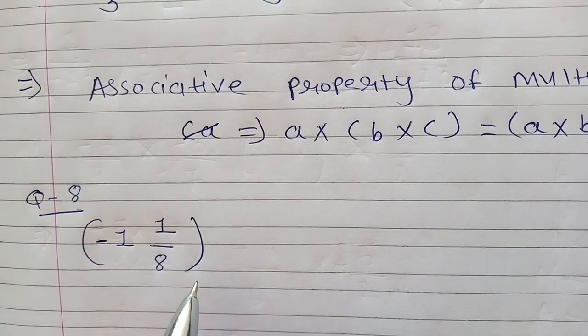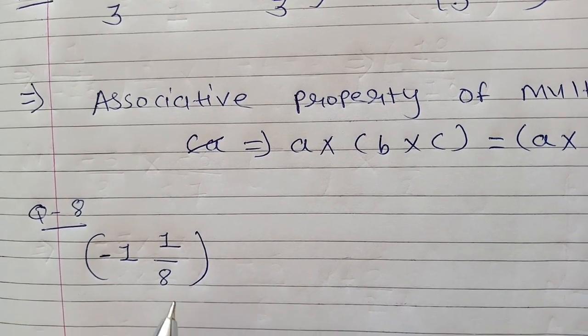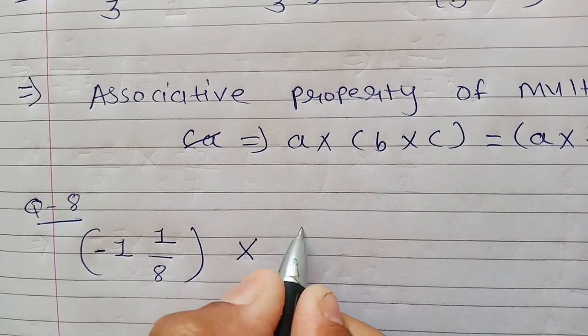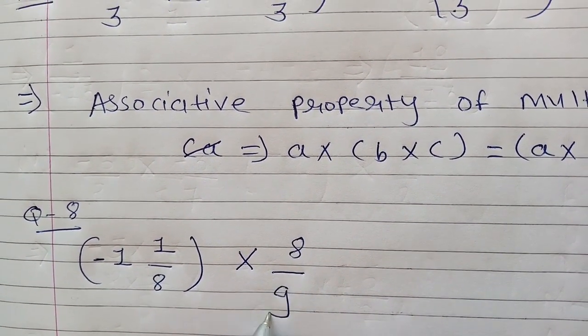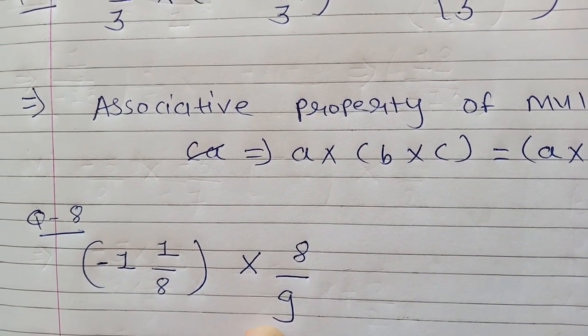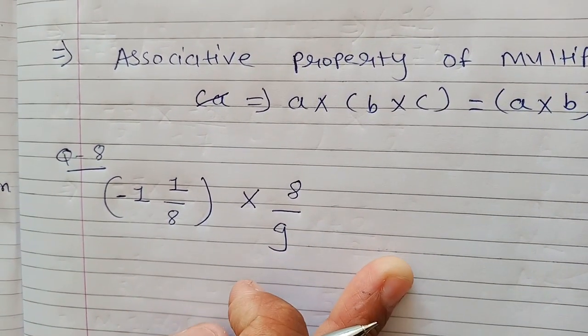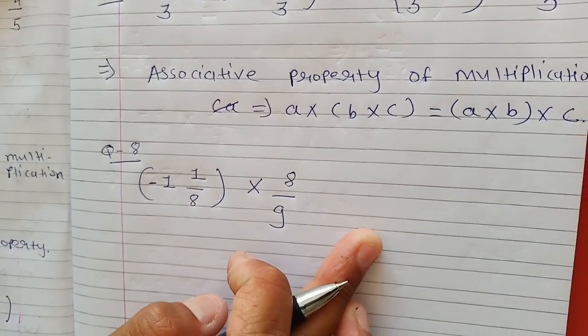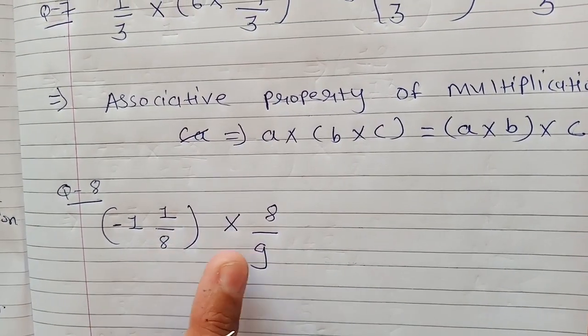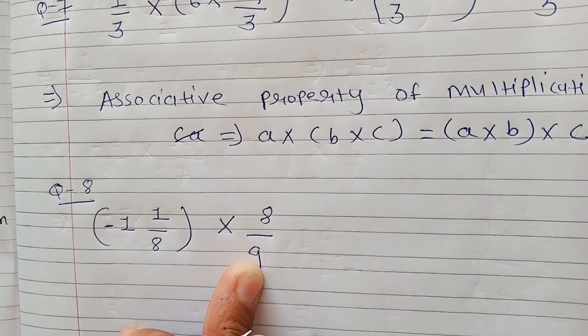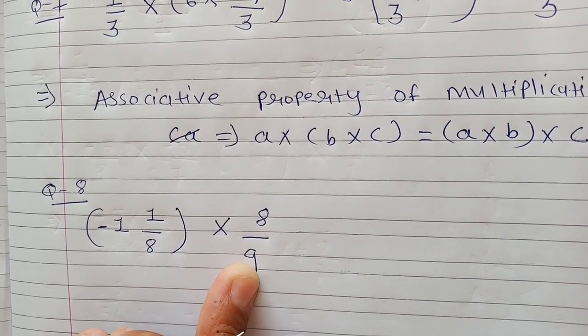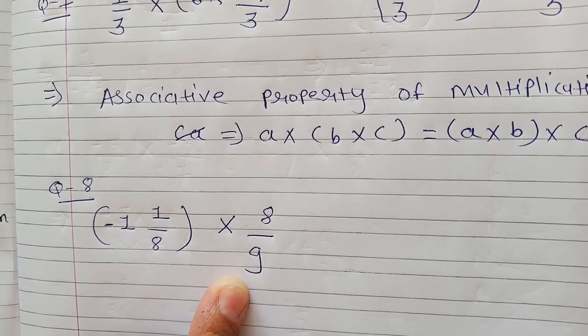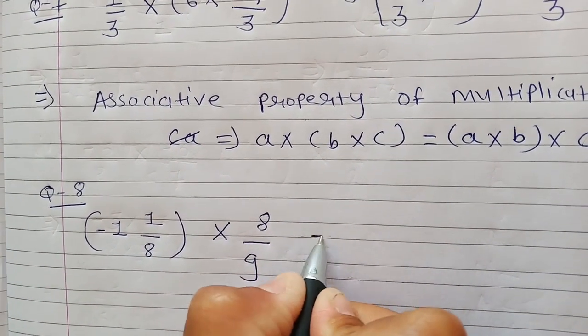Now we know that multiplicative inverse means we multiply both numbers, and if after simplification our answer is 1, then we can say both numbers are multiplicative inverses of each other. So we multiply both numbers.